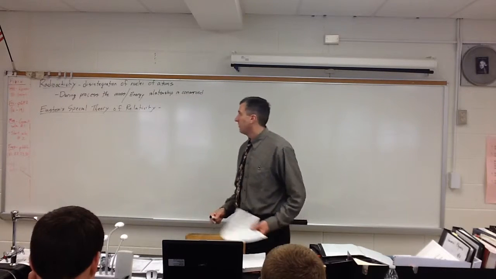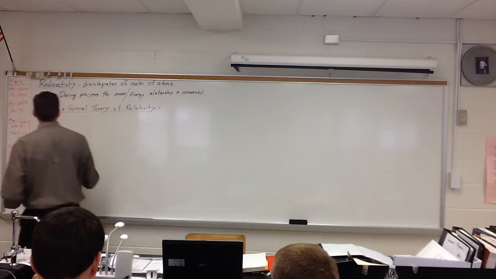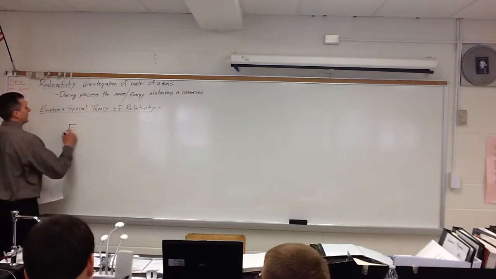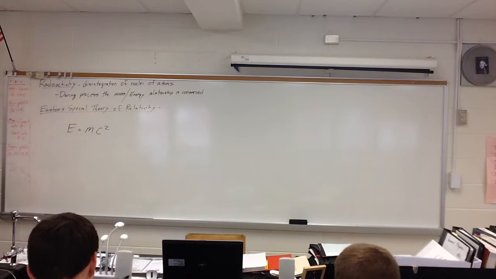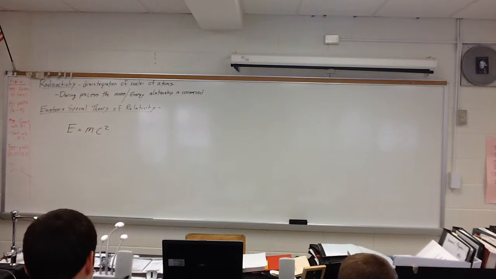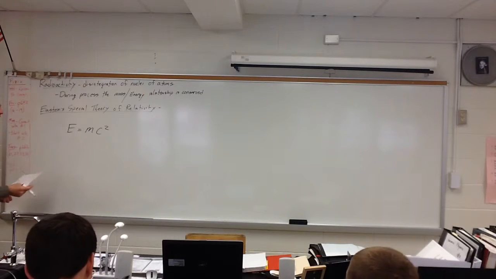This is probably the most widely recognized equation in the world, I would guess, but probably one of the least understood equations at the same time. E equals mc squared. It seems really simple compared to some of the physics stuff we've done this year.